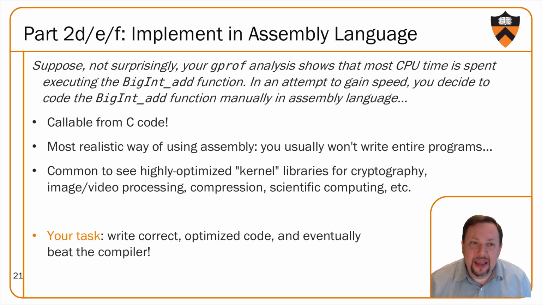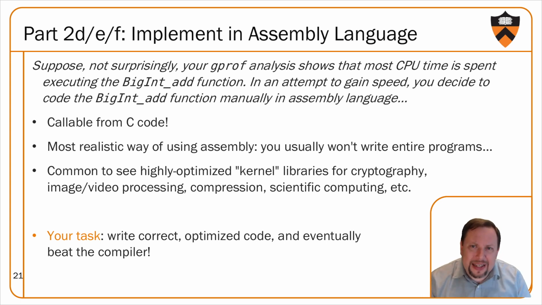language. When you do this, you're going to need to make sure that the function you wrote in assembly language is actually callable from C code, because you're not going to be rewriting the entire program in assembly language. And this is actually kind of how assembly language gets used in the real world these days.